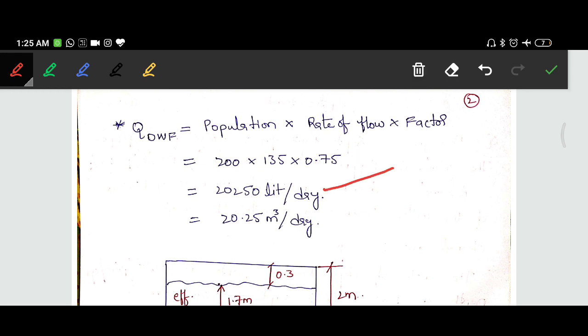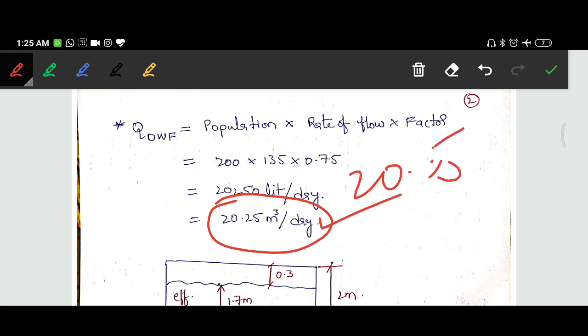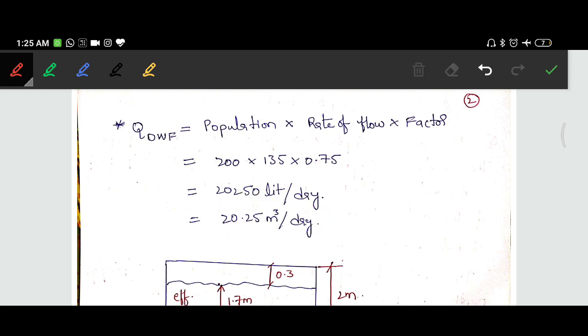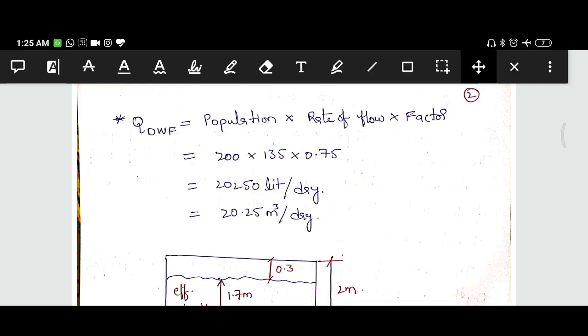So we will get the value of 20250 liters per day. To convert this into meter cube per day, after conversion it will become 20.25 meter cube per day. Okay, so we'll see in the figure.